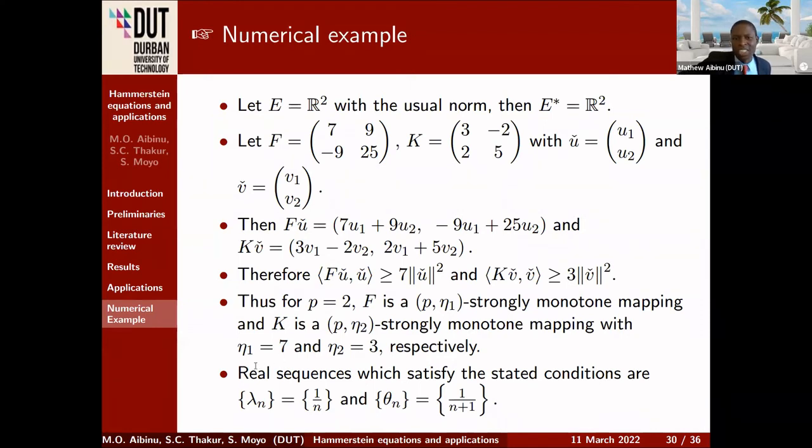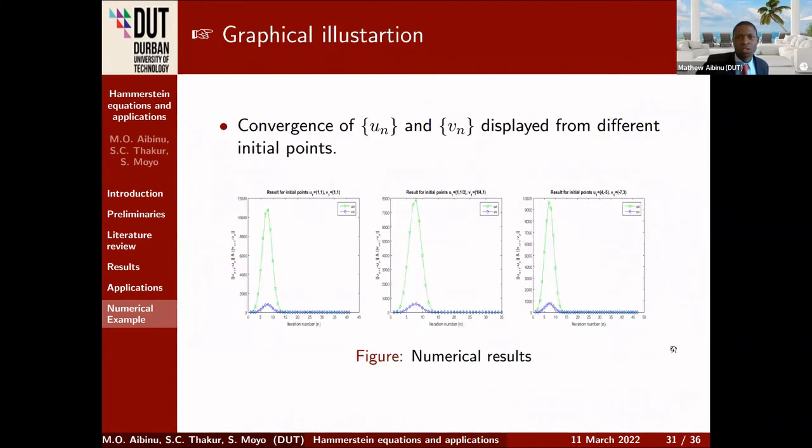These are samples of the strongly monotone mappings which we are talking about in this study. And for the sequences, there is a condition that we specify for the theorem that is stated. These are samples of Lewis sequences that satisfy those stated conditions. For our sequences, we use MATLAB to verify the convergence result, and we obtain these graphs.